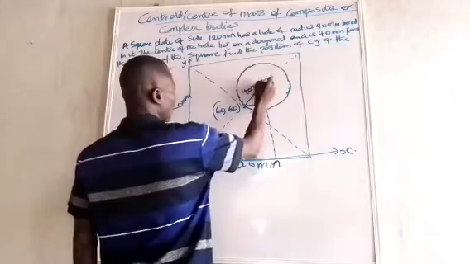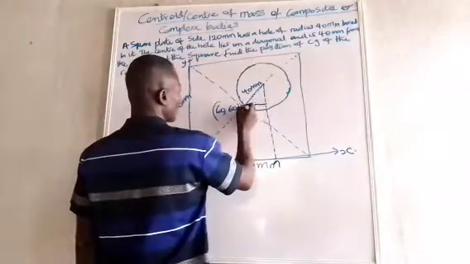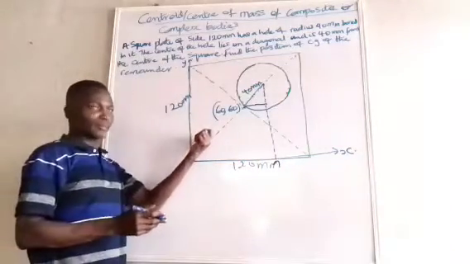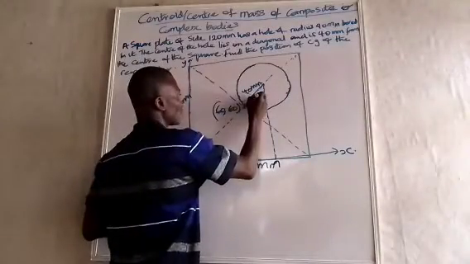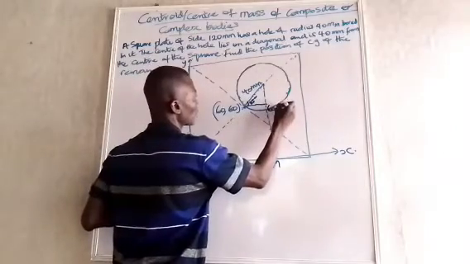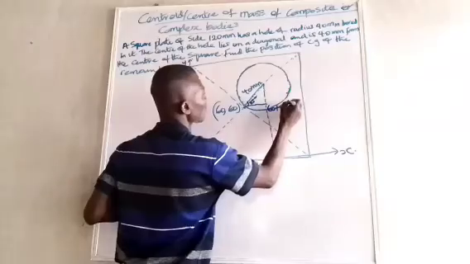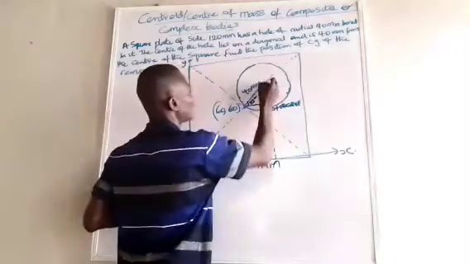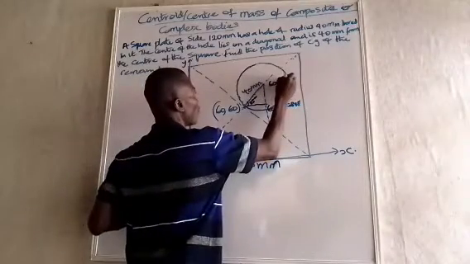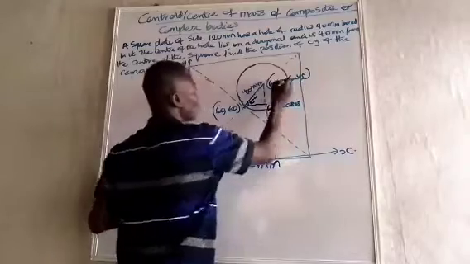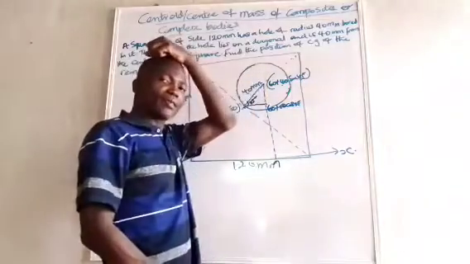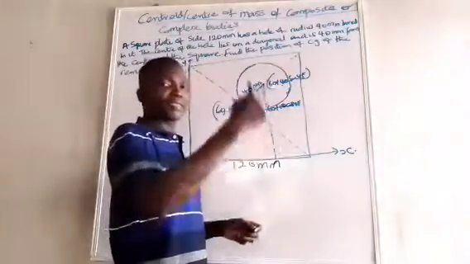To locate it, as you have seen, this is a square, so this place is at 45 degrees. So it is 60 plus 40 cos 45, and at the same time 60 plus 40 sine 45. So the centroid of this bored circle is 60 plus 40 cos 45, 60 plus 40 sine 45.